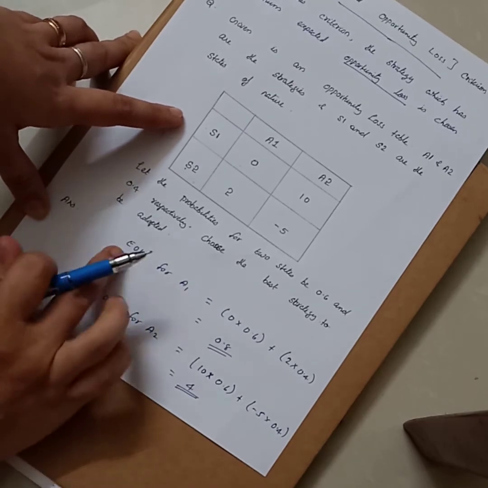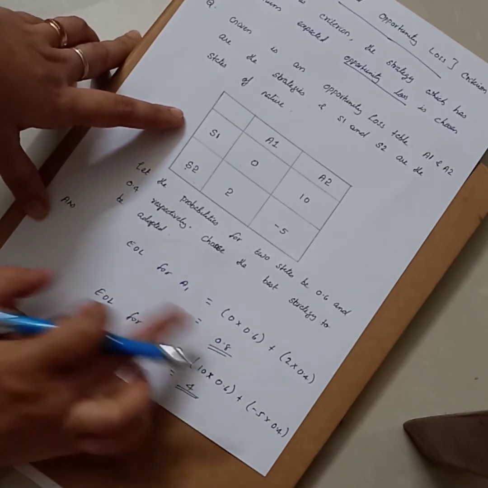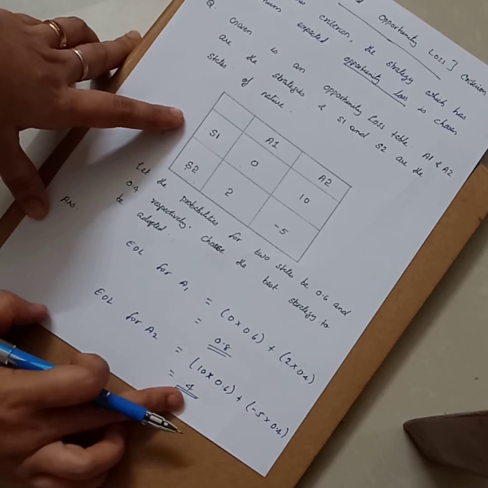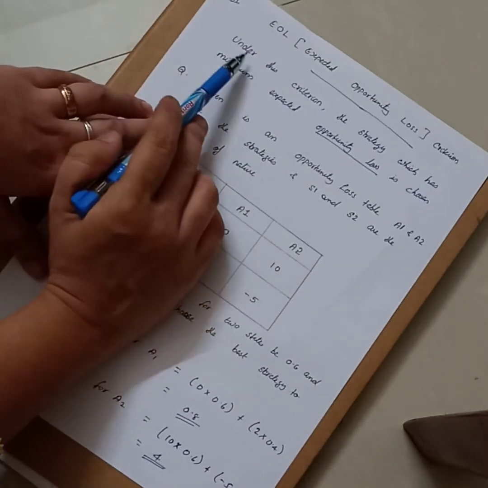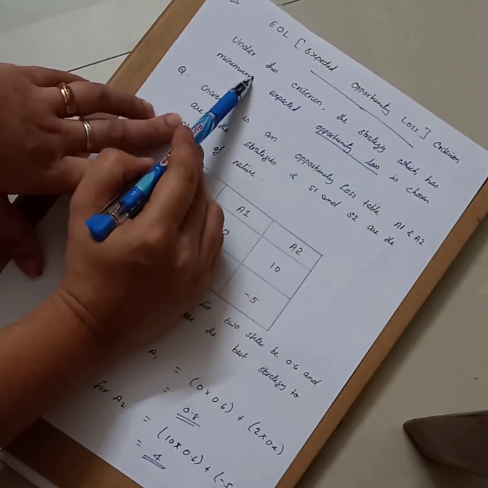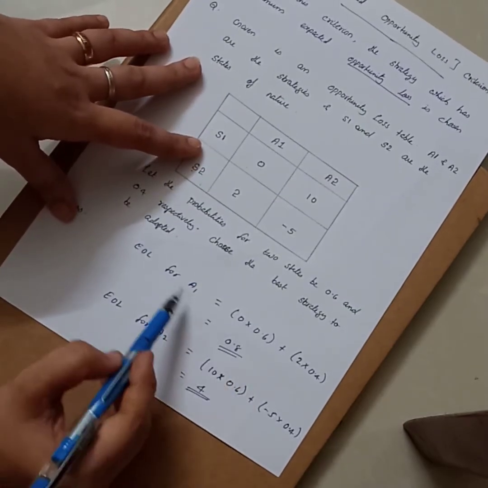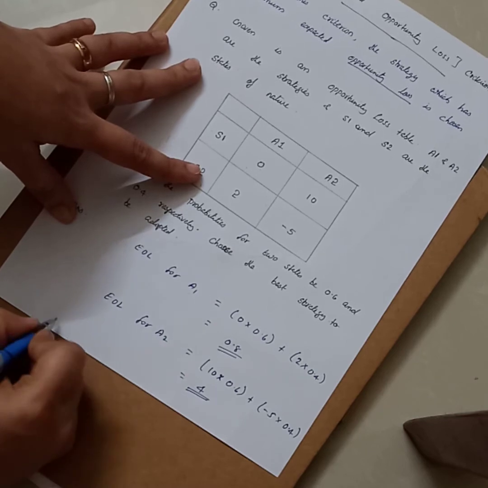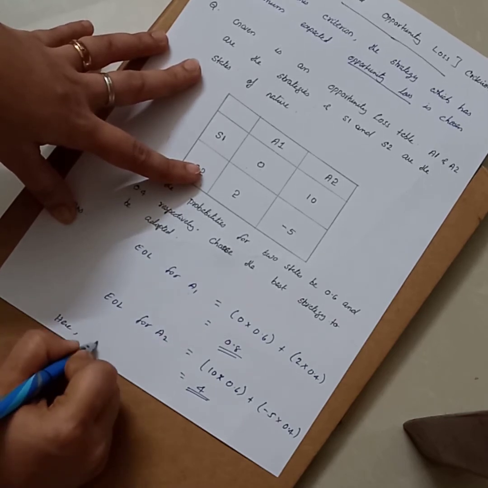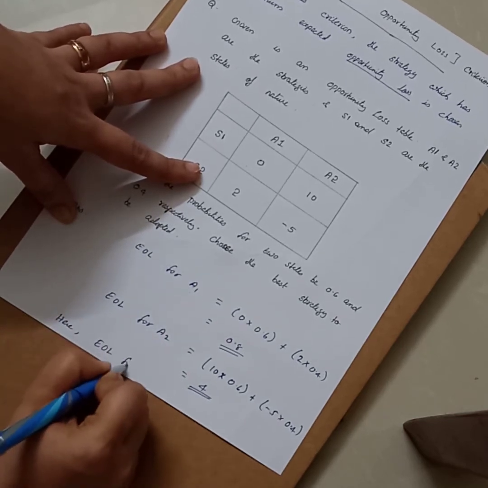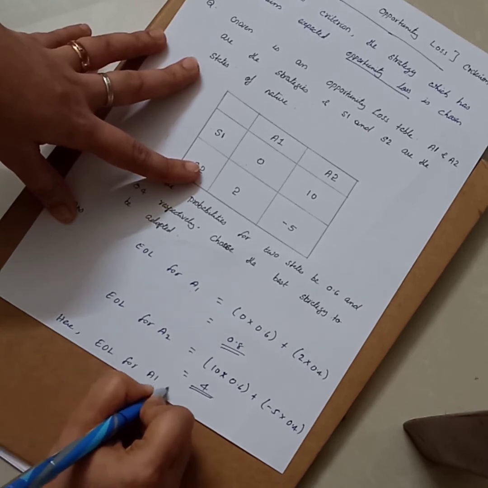So EOL for A1 is 0.8 and EOL for A2 is 4. Under this criterion, the strategy which has minimum expected opportunity loss is chosen. So which is the minimum value here? It is A1. EOL for A1 is less.